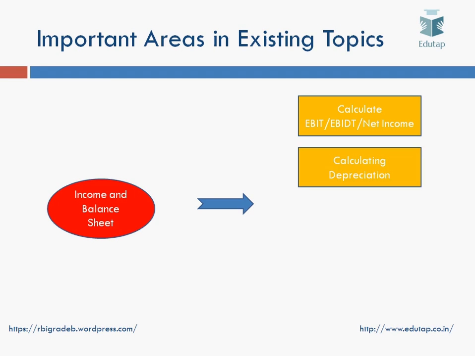Calculating depreciation is a very important part of the income statement and balance sheet. Depreciation is nothing but a decrease in value of an asset over a period of time. Suppose you buy a car today and after 5 years its value will automatically decrease, right?